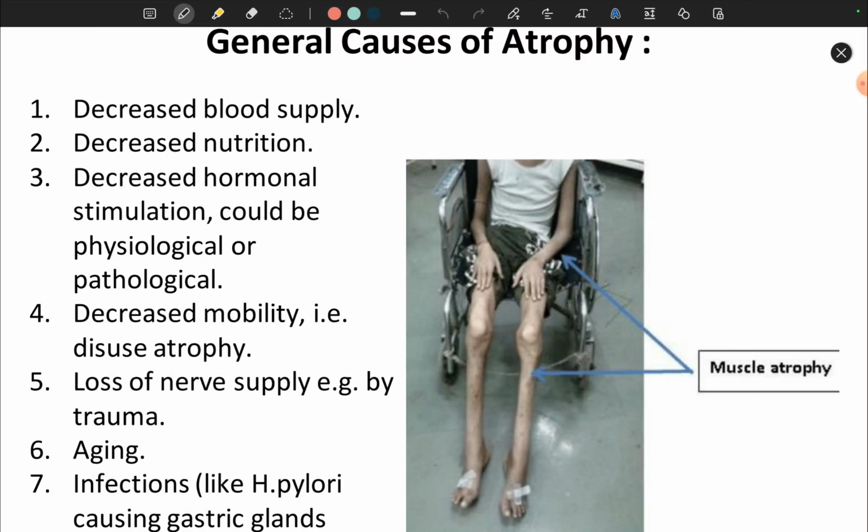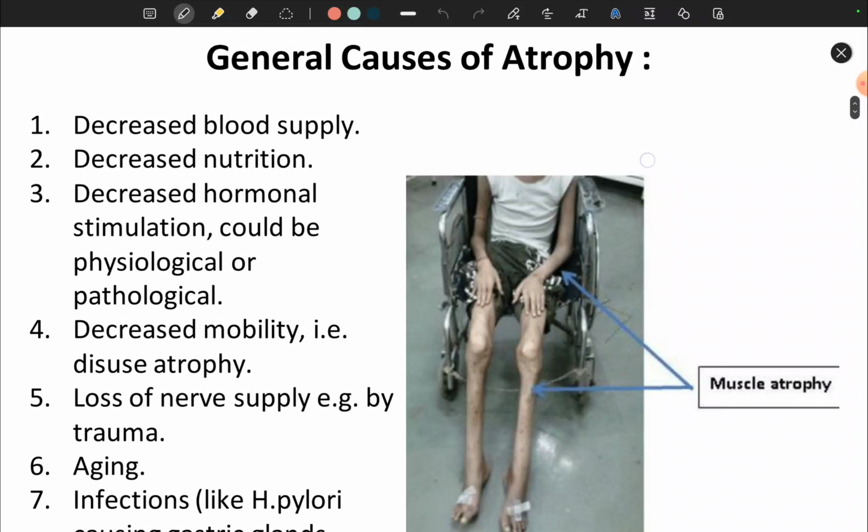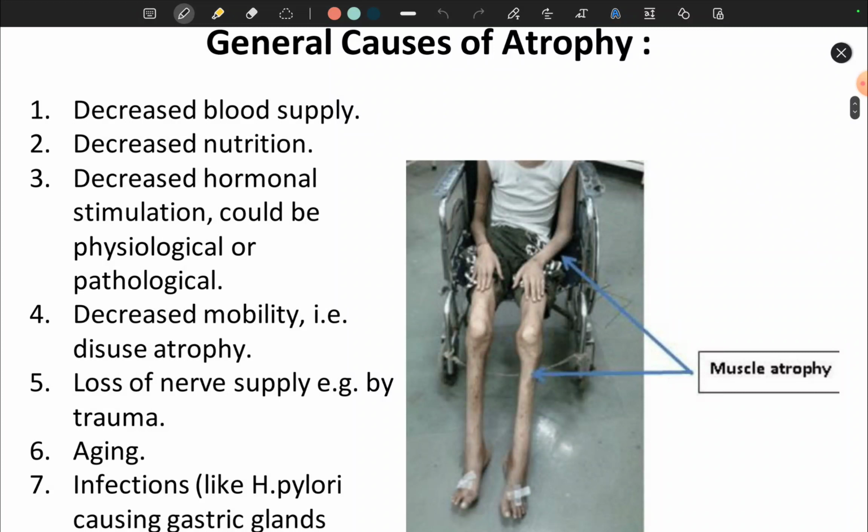Or it could be pathological. Decreased motility or mobility, we call it disuse atrophy. Disuse means when you do not use this gland, the gland is going to atrophy. Or when you are not using this muscle or that limb, maybe crippled or something, that limb will atrophy.